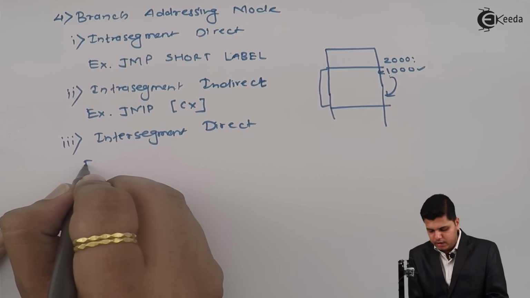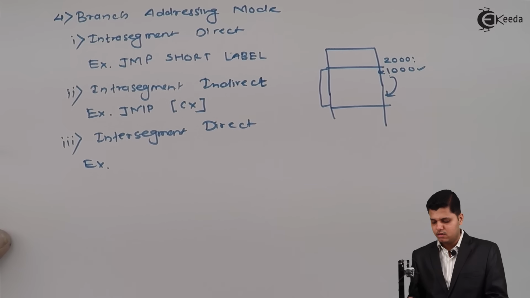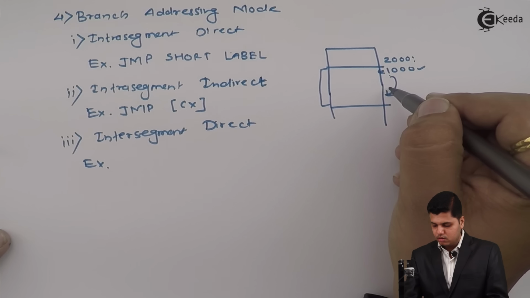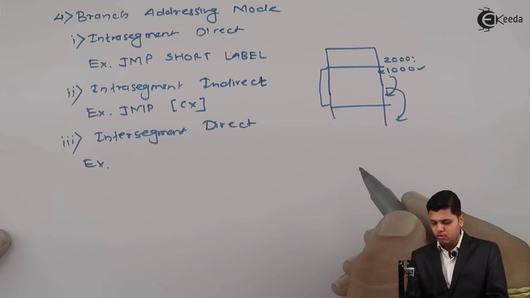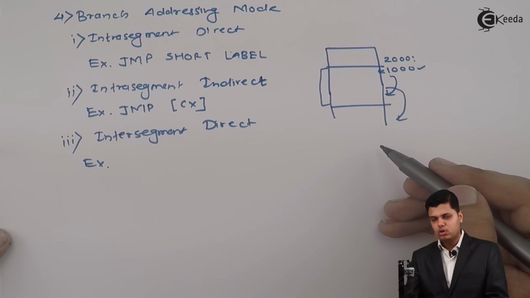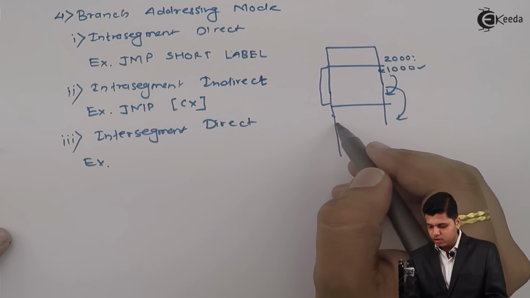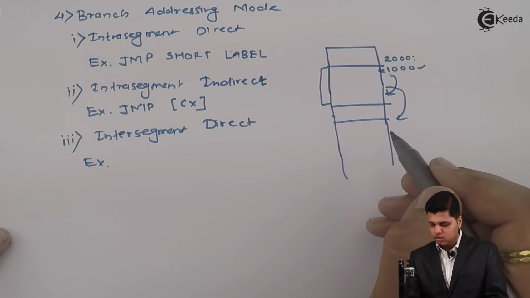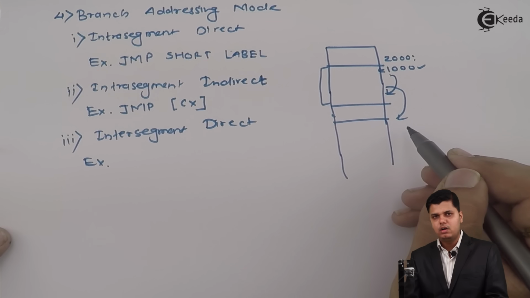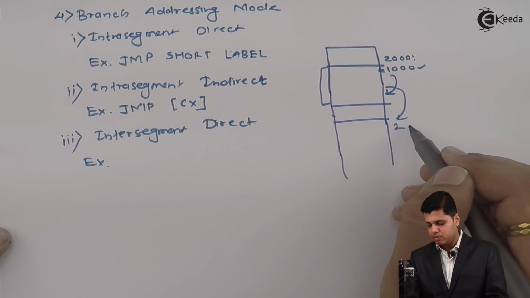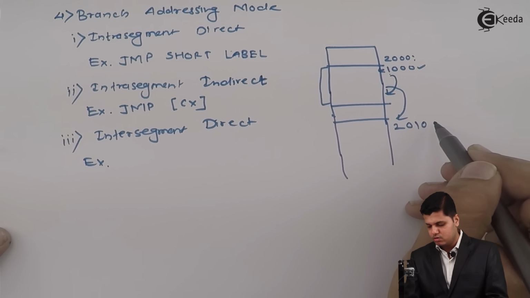Now in inter-segment, as the name indicates, we need to change the sequence of the program from one location to another location, and the other location will be available in the second segment. For example, let's say the second segment starts from 2010.